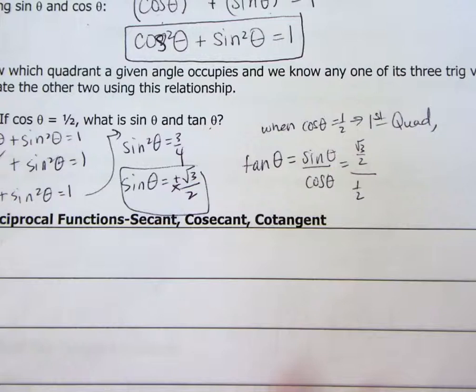So if I flip sine, that would be 1 over sine of theta. Do you remember what its reciprocal function is? It's cosecant, and our abbreviation for cosecant is CSC.